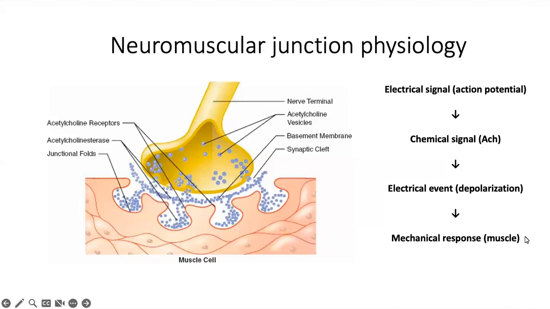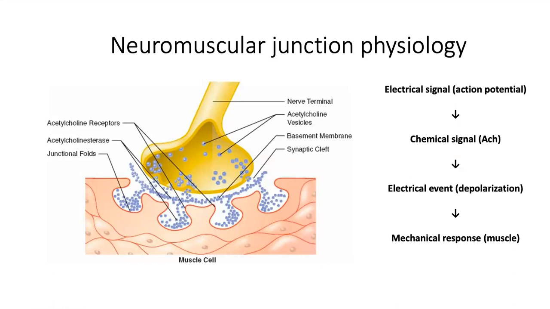This is what happens when a muscle contracts in your body. You get a signal coming from the brain. It might be voluntary, it might be involuntary. This is conducted as an action potential to that particular muscle. It's converted to a chemical signal in the form of acetylcholine.